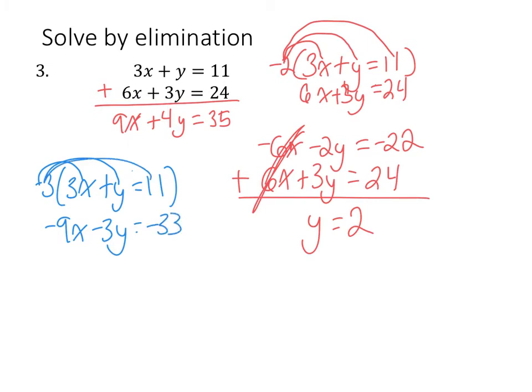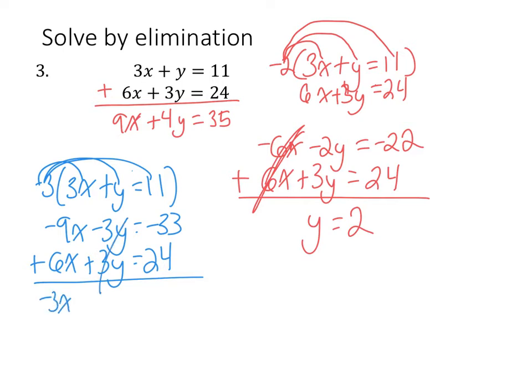So if I add the 6x, -9x plus 6x gives me -3x.